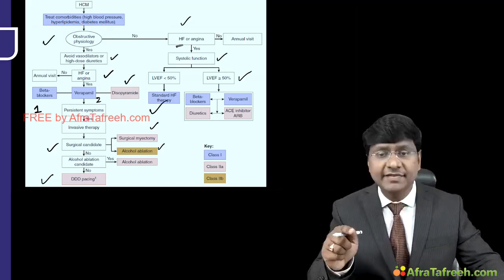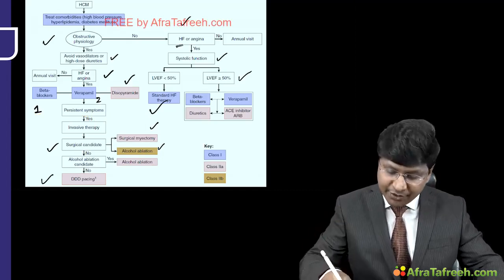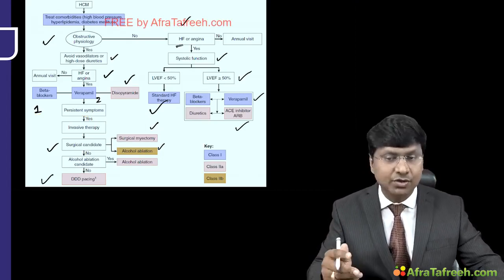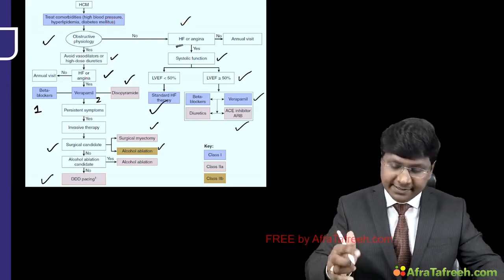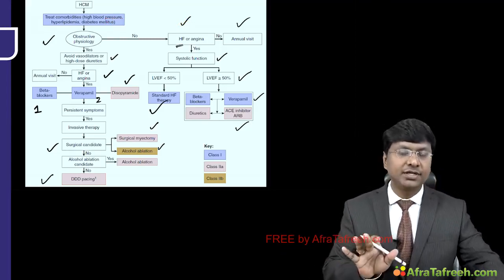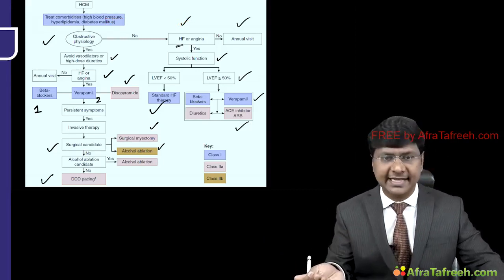And if the ejection fraction is more than or equal to 50%, then you need to give beta blockers or verapamil. Then diuretics or ACE inhibitors or angiotensin receptor blockers have to be supplemented. Then you should advise the individual for the annual visit. So this is the approach depending upon whether the obstructive physiology is present or absent.